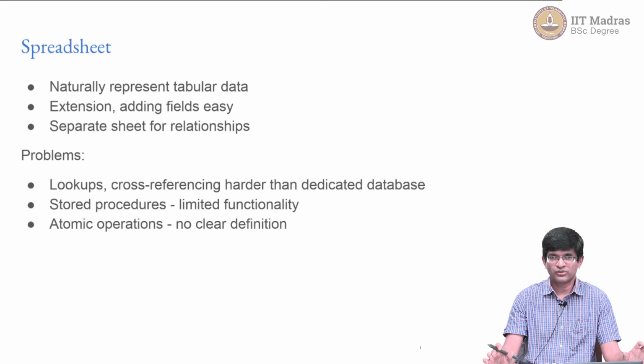Some of the concepts, for example, something like a stored procedure, which is there in a database, which makes certain kinds of activities easier to do, is possible but somewhat difficult to implement in the context of a spreadsheet, right? And most importantly, databases also have a concept of something called an atomic operation, right?